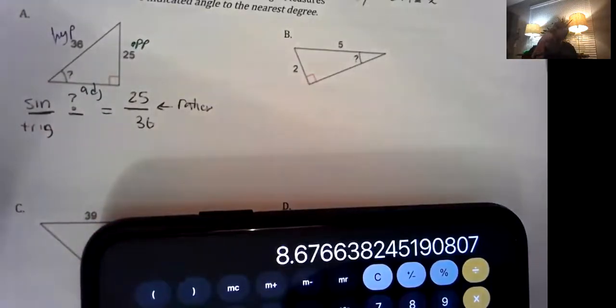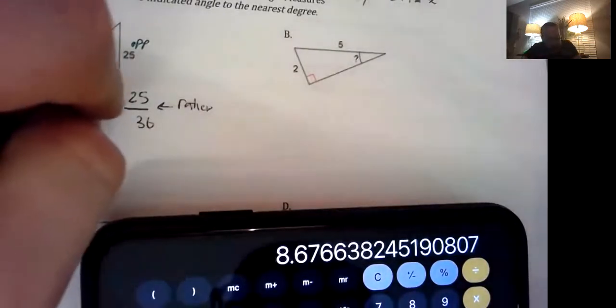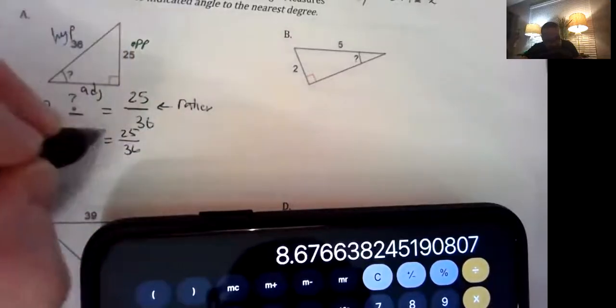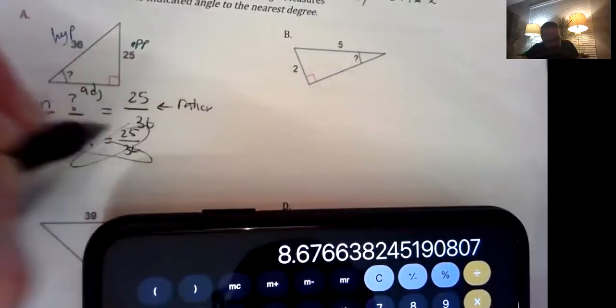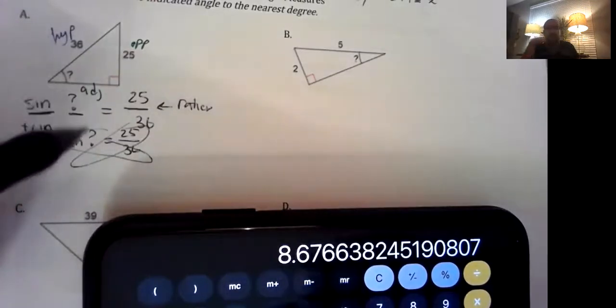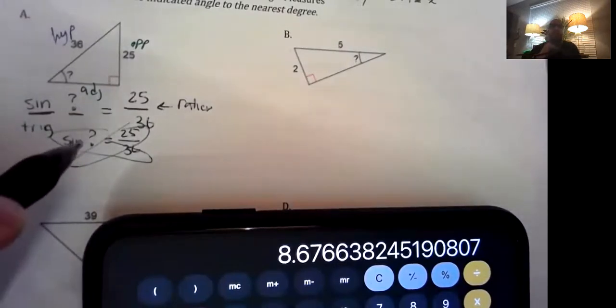Okay, so I'm still going to set it up the same way, where I take the sine of a number is 25 over 36. I'm still going to look at this as cross multiplication. Actually, check that. We're not going to look at this as cross multiplication. The reason why we don't want to look at this as cross multiplication is because I don't want to divide by the word sine.